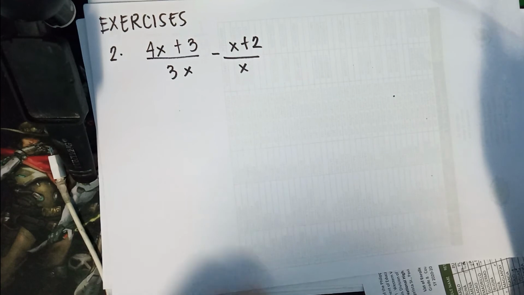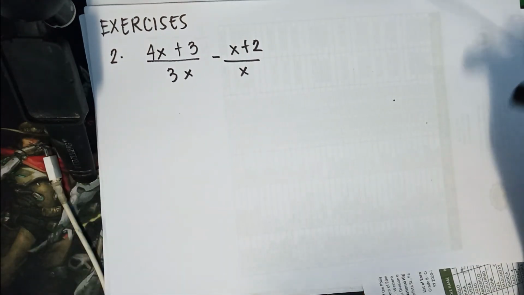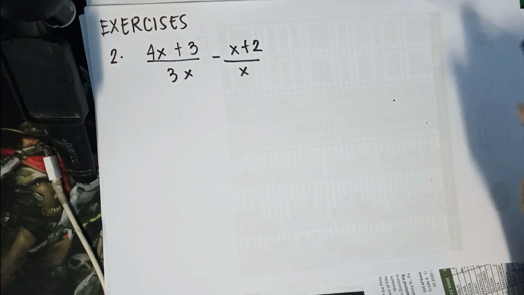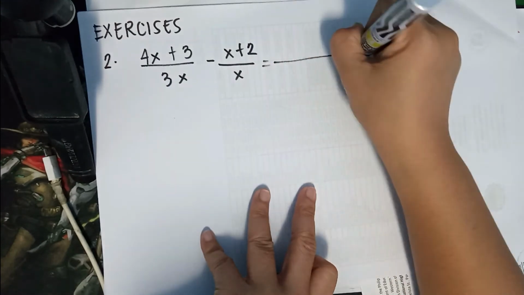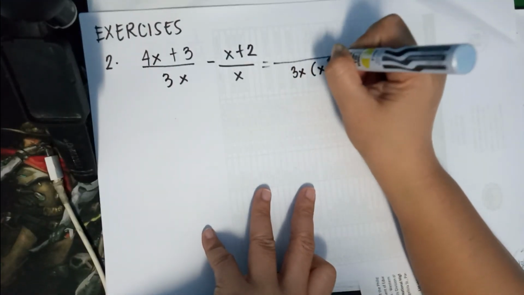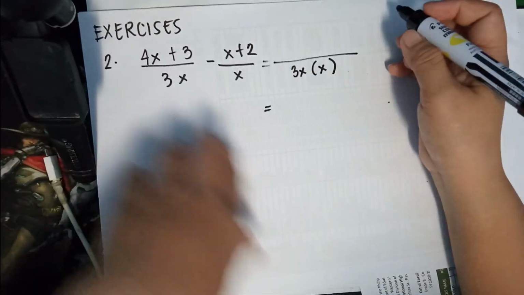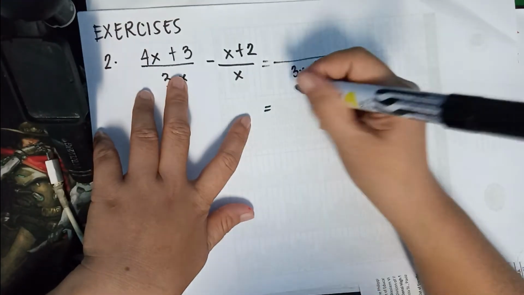Exercises. Number 2. 4x plus 3 over 3x minus x plus 2 over x. All we need to do is copy the denominators, 3x and x. Next, compare. We have 3x and 3x and the remaining is x.